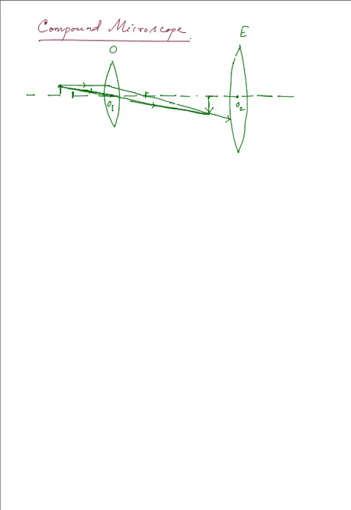So what happens is that the rays which are considered to be emanated from the real image get refracted, and then they are produced backward, just like in the case of a simple microscope, because this image that has been obtained is the object for the eyepiece. Let me name the object and the image.